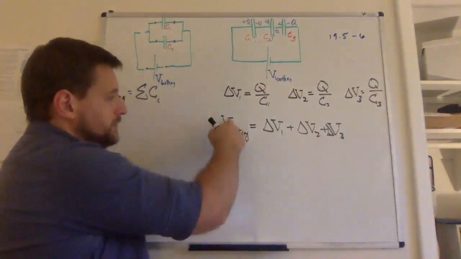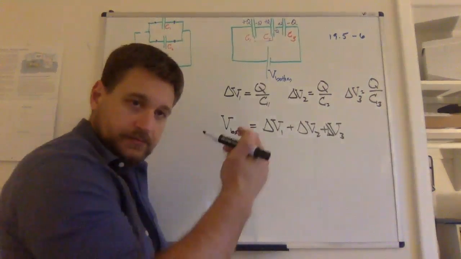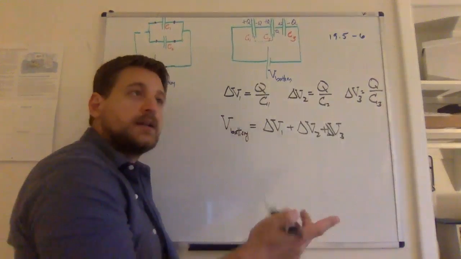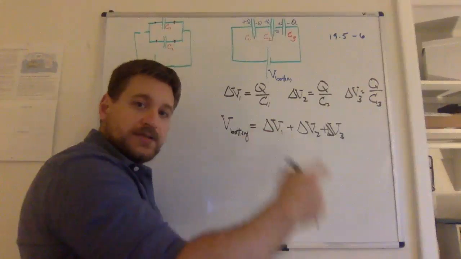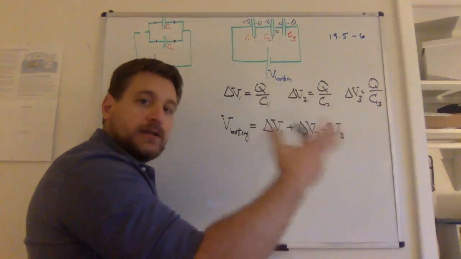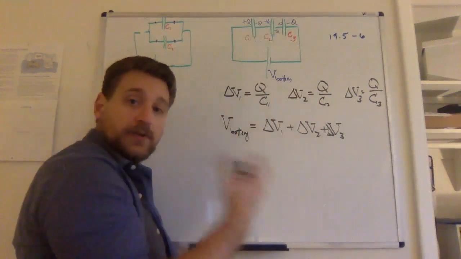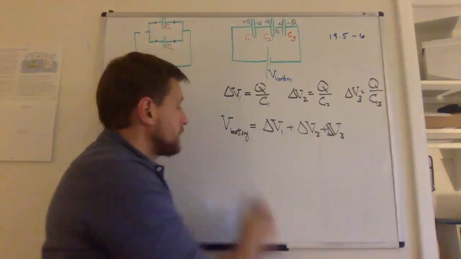All right, now the voltage across the battery, we have seen that the voltage of the battery allows us to move an amount of charge, Q, and store it in a capacitive arrangement like this according to the capacitance of the arrangement.